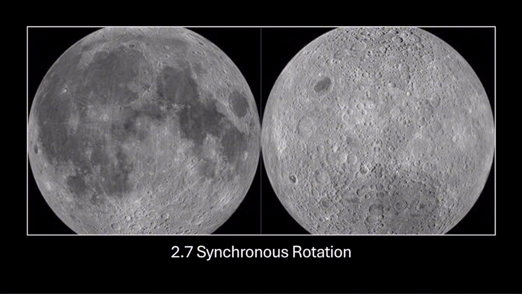This is when the orbital period and rotational period of a body are the same. And this is caused by tidal locking, which we'll cover in a future topic. But all you need to know is that one side of the moon is always facing Earth. That's why we call this the near side and this the far side.